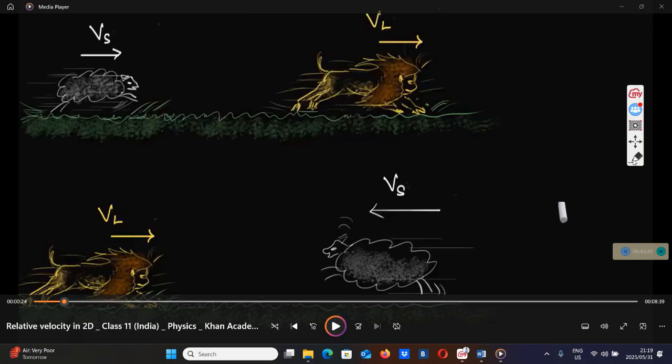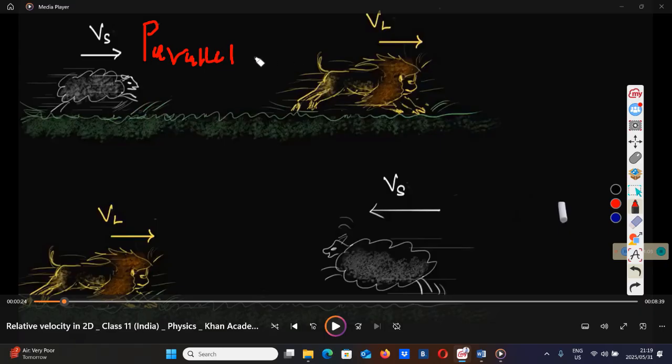All right, the previous problems that I've discussed so far, we're calling them parallel motion problems.